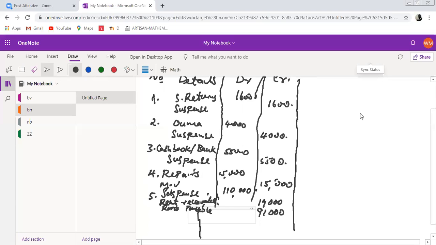And then the question was requiring that we open a suspense account. And the suspense account is very easy once you have the journals.